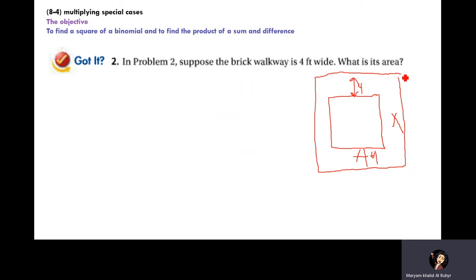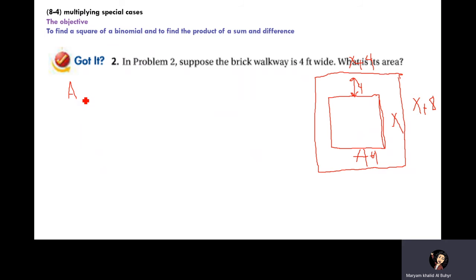This is x, right? So x plus 4 from this side and x plus 4 from the other side will be x plus 8. Now I have everything. This is a square, so this side is also x plus 8. Let me start working on that and solve it because we did not solve it well yesterday.